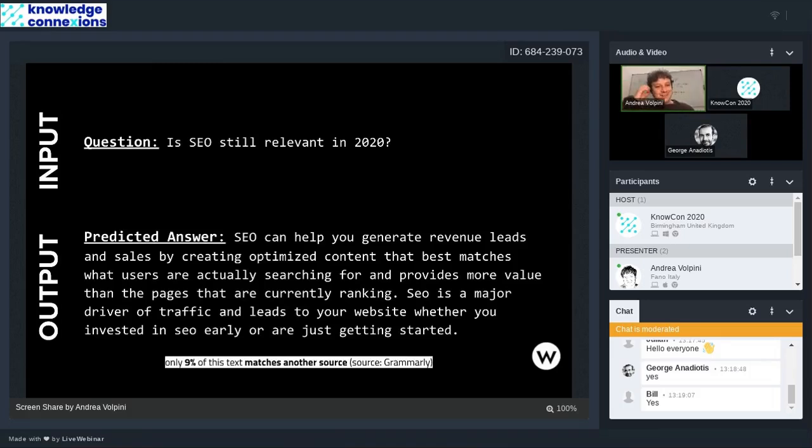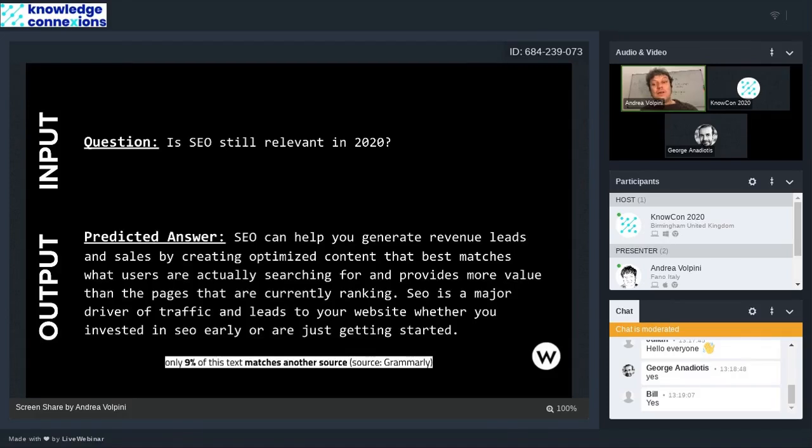That's one of the things that usually gets debated at the end of every year. Like, is SEO still relevant, or is SEO going to be a thing in 2021? And the answer that I get is quite a good one, because it says that SEO is still a driver of traffic and leads to your website, whether you invested in SEO early or you're just getting started.